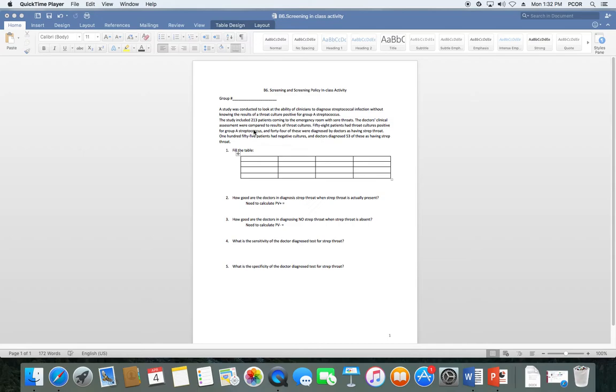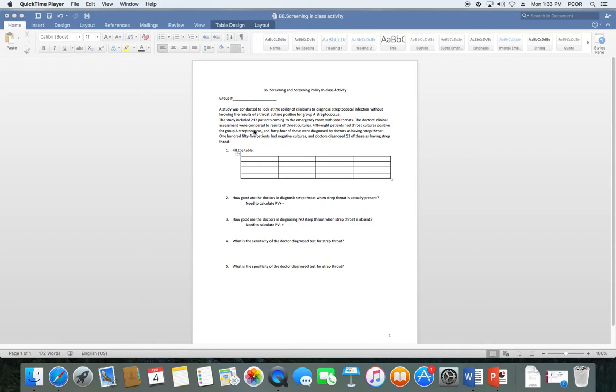What if the doctors did not diagnose a patient to have strep throat and later on 48 hours later the patient's culture turned positive? Then the patient had to go back to the doctor's office and get treated, and they unnecessarily have to suffer up to 48 hours of discomfort before they can get their treatment.